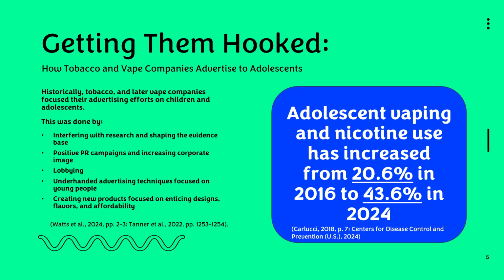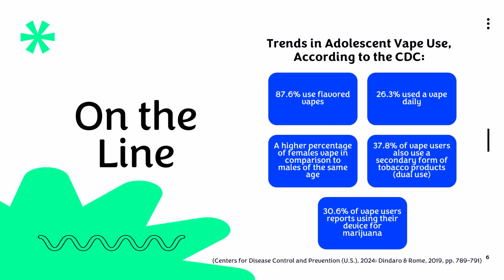So the fact that they let their buyers know that you can modify the cartridges and things is another way that they are getting their hooks in just a little bit more. Because of this, adolescent vaping has increased from 20.6% in 2016 to 43.6% in 2024, which is a significant increase in the use of nicotine products.